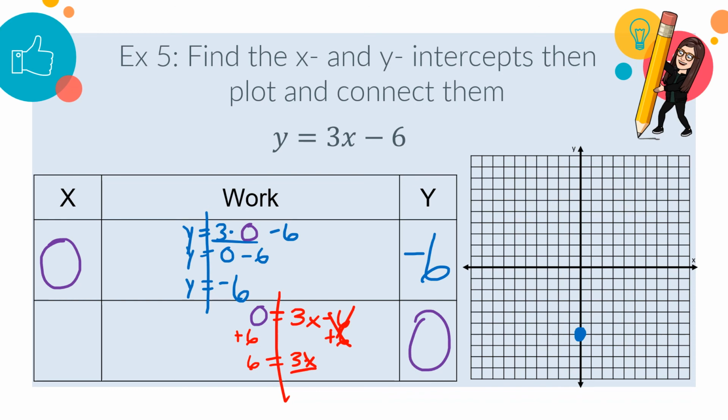Instead of x times 3, let's divide by 3. X equals 2. My x number is 2. My x-intercept is 2. 2, 0. We've got a nice, clear 2 points that I'm going to connect with a line and arrows on the end.